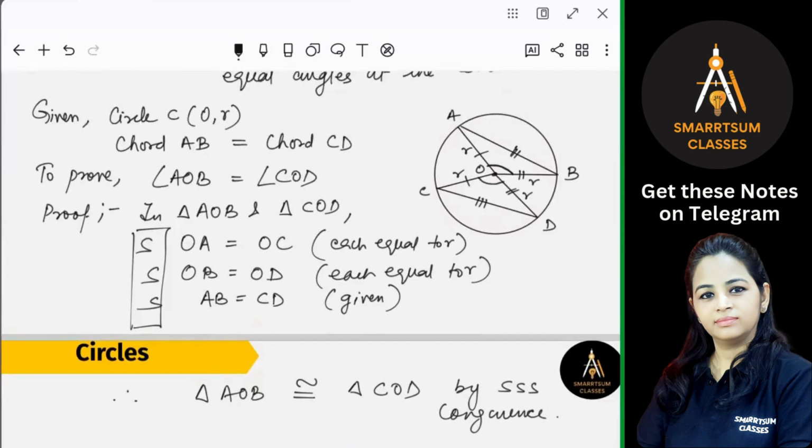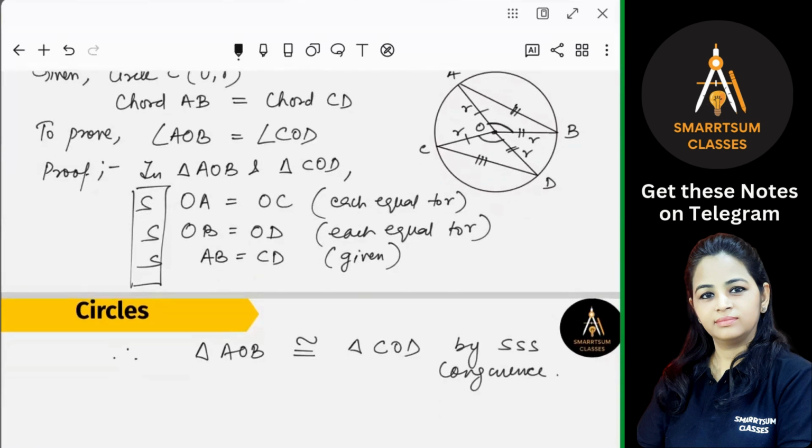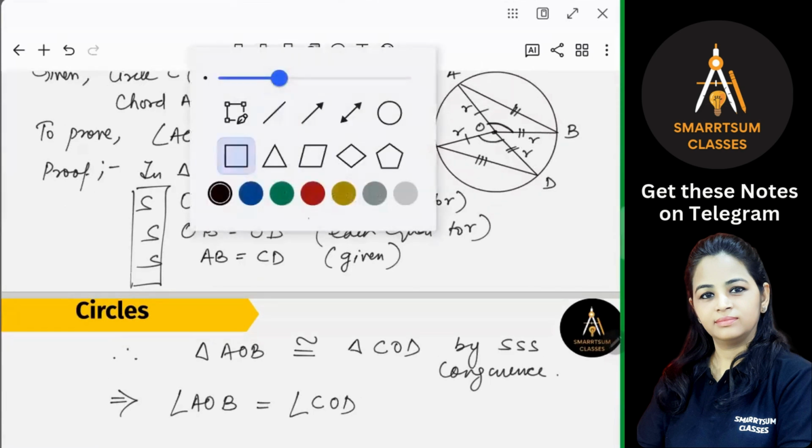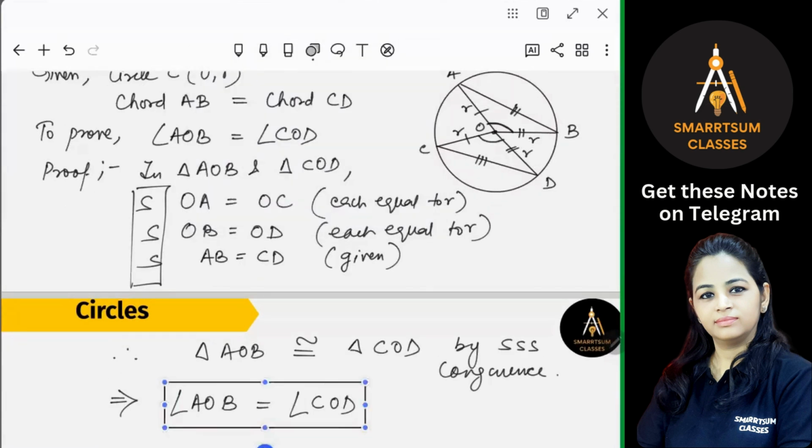Now, since these are two congruent triangles, by CPCT, meaning the other corresponding parts of the congruent triangles will also be equal, we can say that angle AOB is equal to angle COD. Both angles will be equal, because these are the angles of the congruent triangles. So by CPCT, corresponding parts of the congruent triangles are equal.